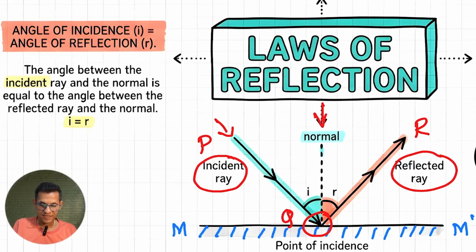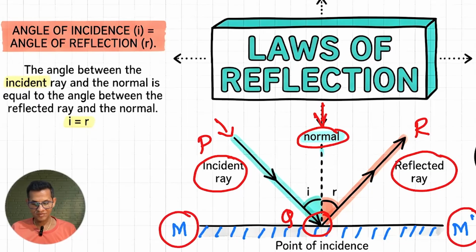This line that you see here is called a normal. A normal is an imaginary line drawn from the point of incidence perpendicular to the reflecting surface. As you can see, we have drawn it perpendicular to the mirror MM dash, and it forms an angle with both the incident ray and the reflected ray.